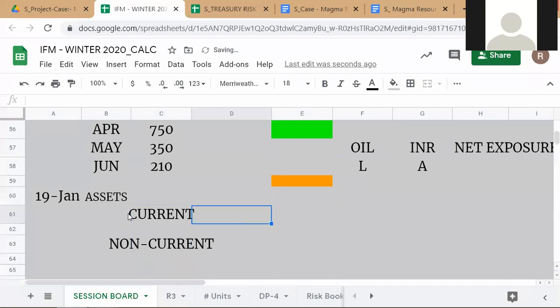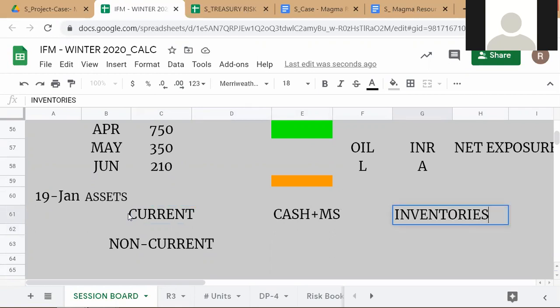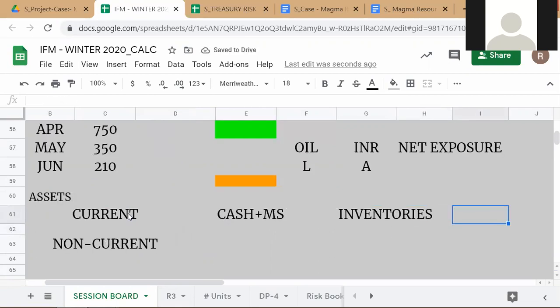And then current would be further broken up into cash, and there is this term that we use, cash and marketable securities. So I'm just going to write MS, okay? This is called cash and marketable securities. Then you have inventories, and then you have accounts receivable, okay?